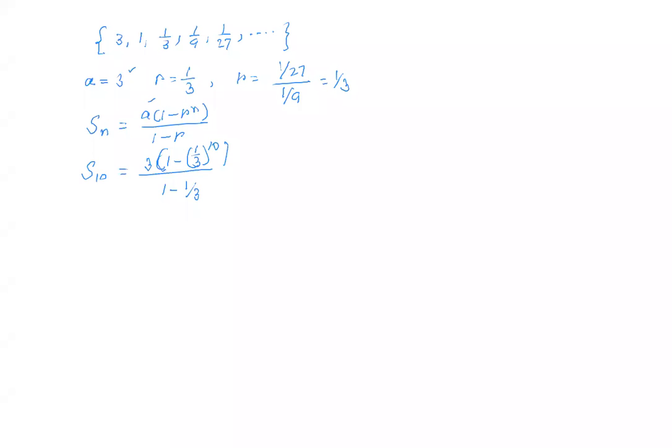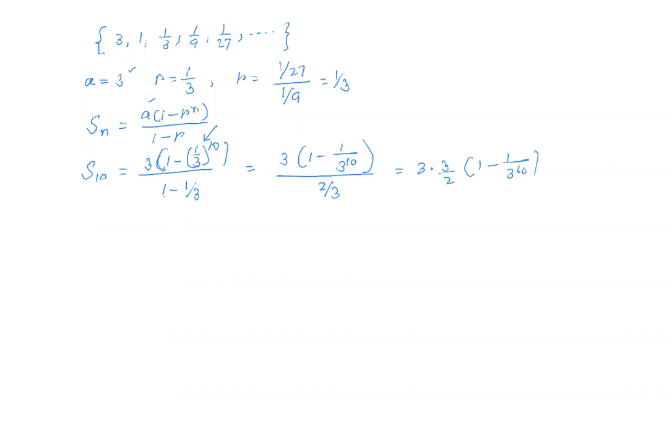So if I simplify it, it's going to be 3 times 1 minus 1 over 3 to the power 10, all of it divided by 1 minus 1/3, which is 2/3, right? So it's going to be 3 times 3 over 2 times 1 minus 1 over 3 to the power 10.